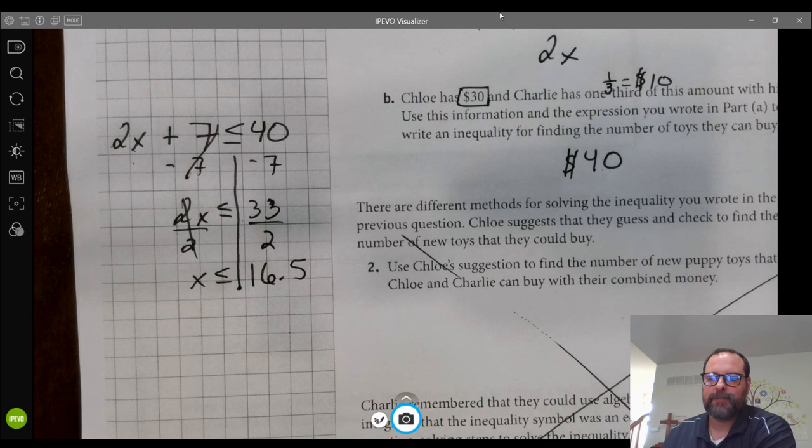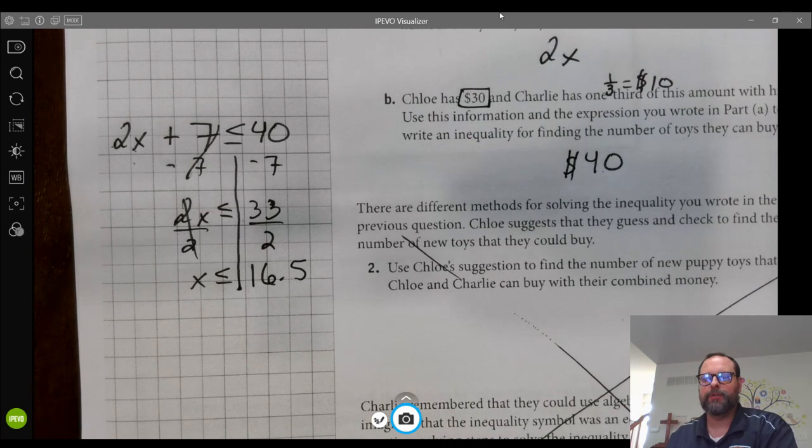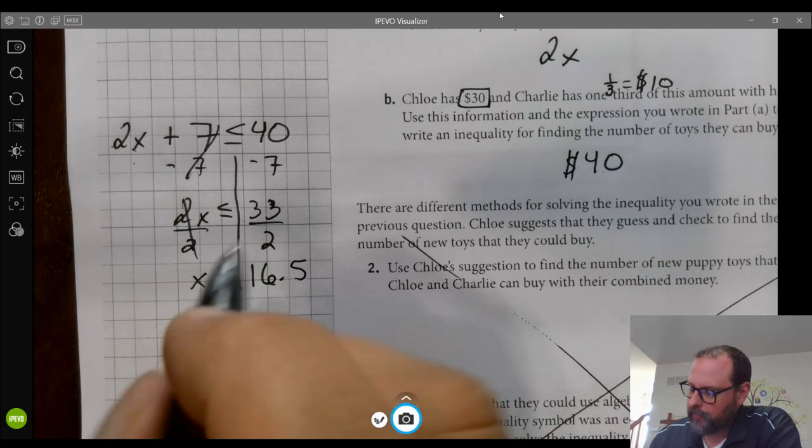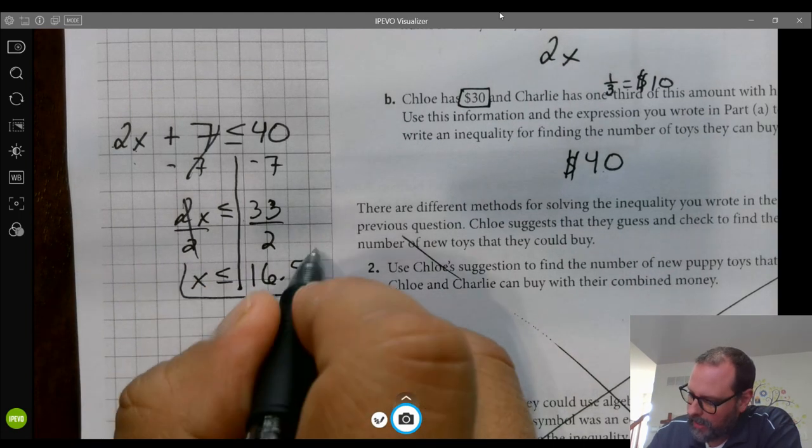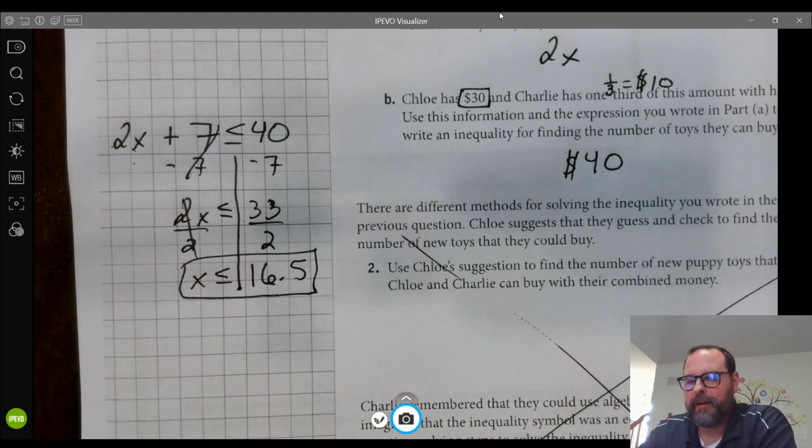Now, why am I using a decimal here? It's a real world problem. You could use 16 and a half if you want to write it, but that makes sense. So when I think about then, the other part with inequalities we have to be careful of is it says I could have less than or equal to 16 and a half. However, if you have a dog, I do not. I'm allergic to like all animals.